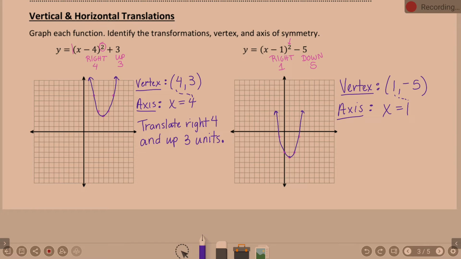And our transformations: translate right 1 unit, down 5 units. Translate is our word for move or shift. So translate right 1 and down 5 units.